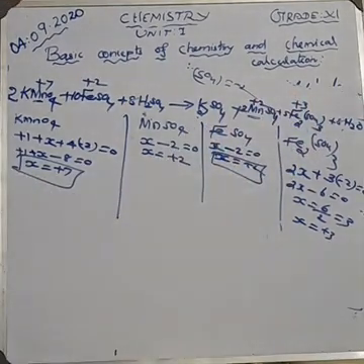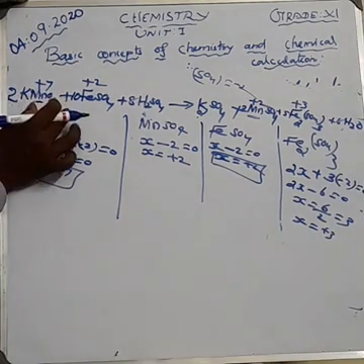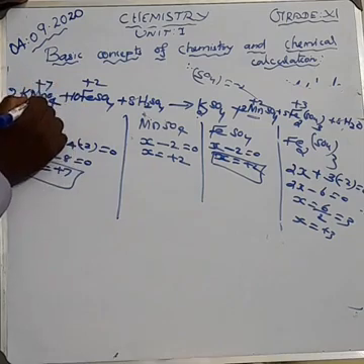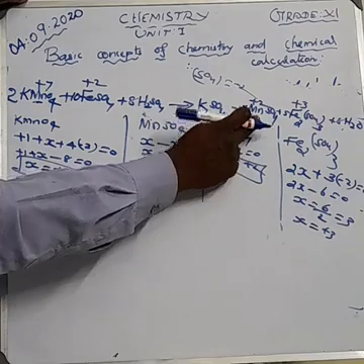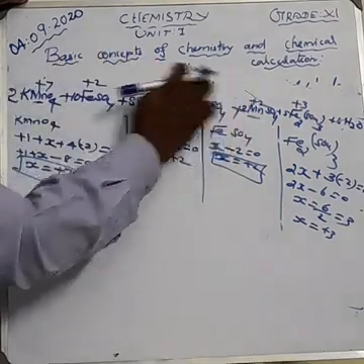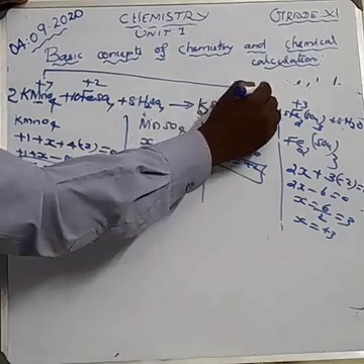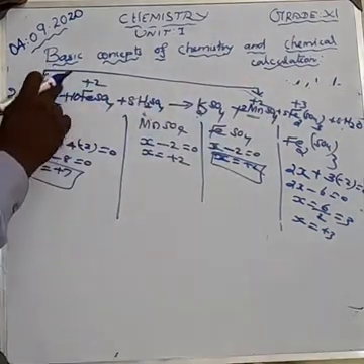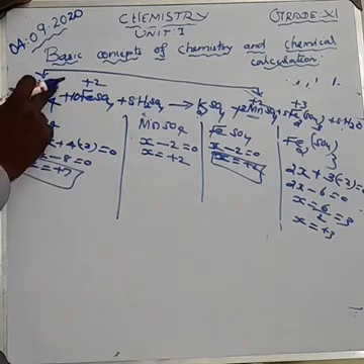Now first you count the numbers. On the reactant side, Mn has plus 7, but on the product side, Mn has plus 2. Now is the oxidation number increasing or decreasing? Decreasing, am I right?